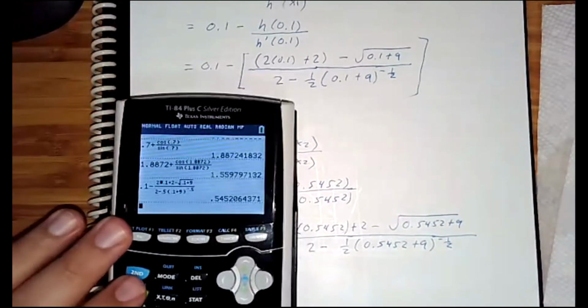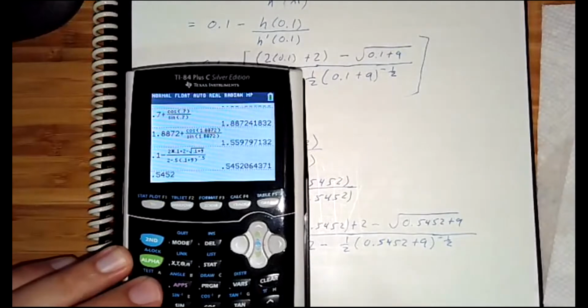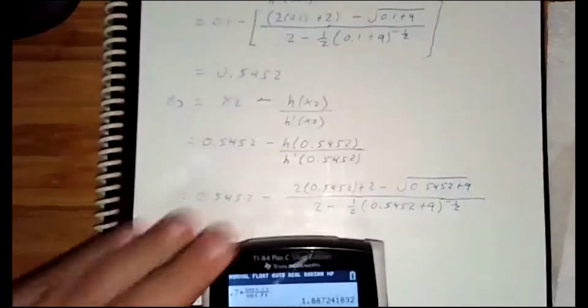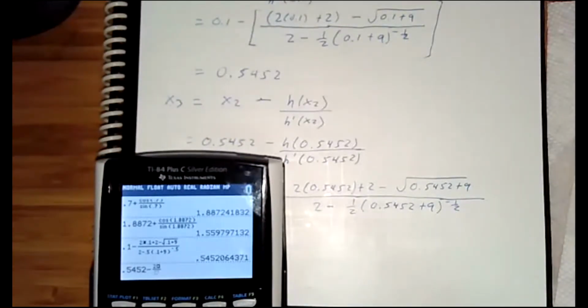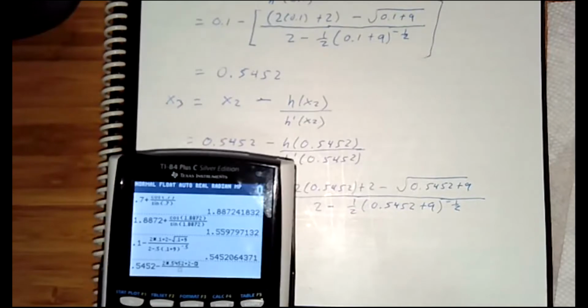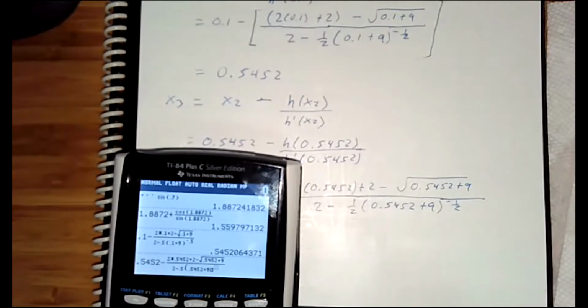I don't know. So 0.5452 minus the fraction of 2 times 0.5452 plus 2 minus the square root of 0.5452 plus 9, over 2 minus 0.5 times 0.5452 plus 9 to the negative, parentheses.